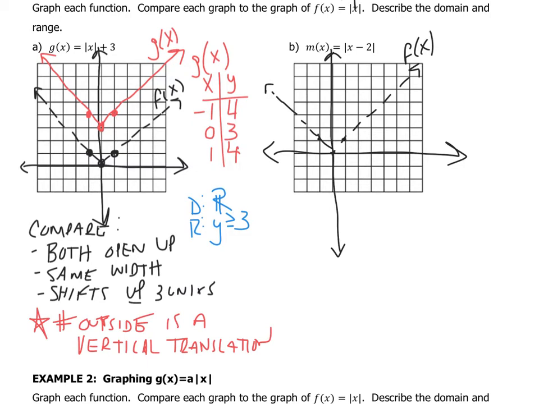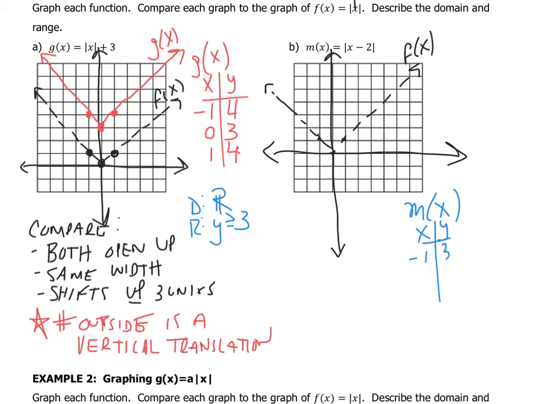So for the table for m of x, if I draw the x and the y, here's where I have to be careful. If I plug in -1, I do -1 minus 2, which is -3, which comes out as a positive 3.